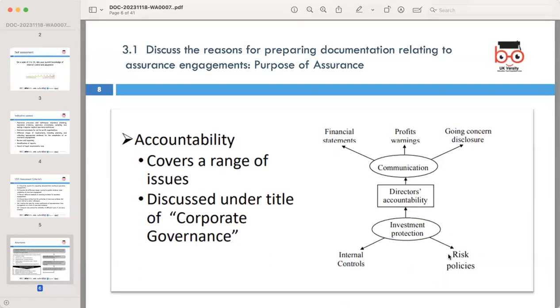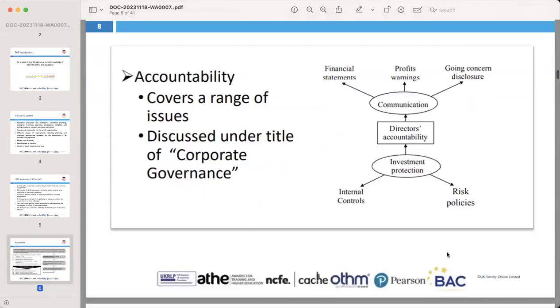For internal control and risk policies, companies have rules and plans to control how they work and deal with risks. Assurance documents check if these rules are effective, like making sure the rules of the game are fair for everyone.